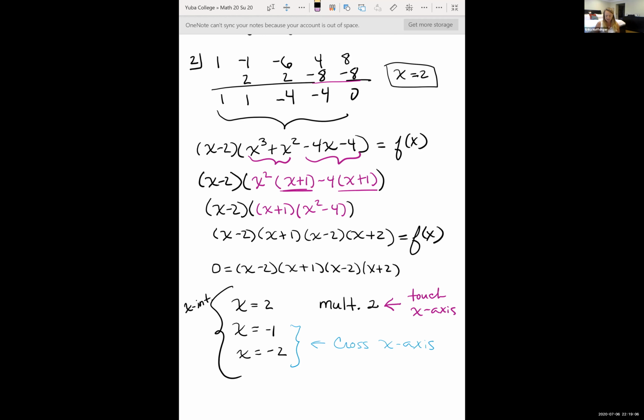So notice, all of these were rational zeros, and they were all in our list of possible rational zeros. Multiplicity, again, counts. So if we counted the number of zeros, multiplicity 2 is like 2 zeros, even though they're the same. Negative 1 has 1 and negative 2 has 1. It's a degree 4 polynomial, 4 zeros.